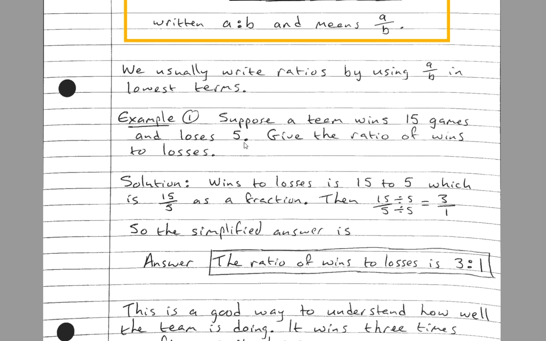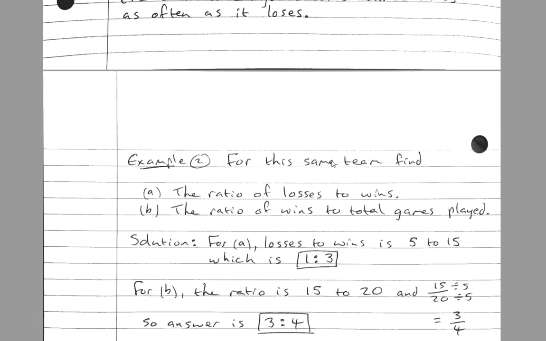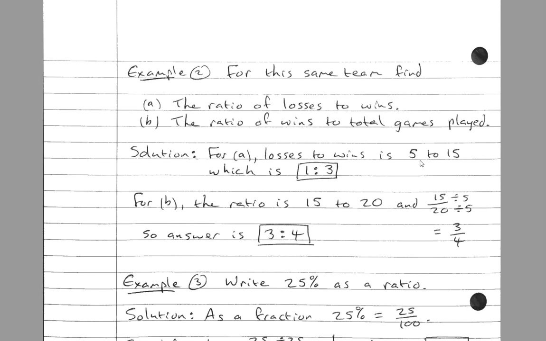So the team has lost 5 games and won 15. So losses to wins is 5 to 15, just switching the order. And then if you simplify 5 over 15, that's 1 over 3. So we're just switching the two numbers here. So the ratio of losses to wins is 1 to 3, or 1:3.